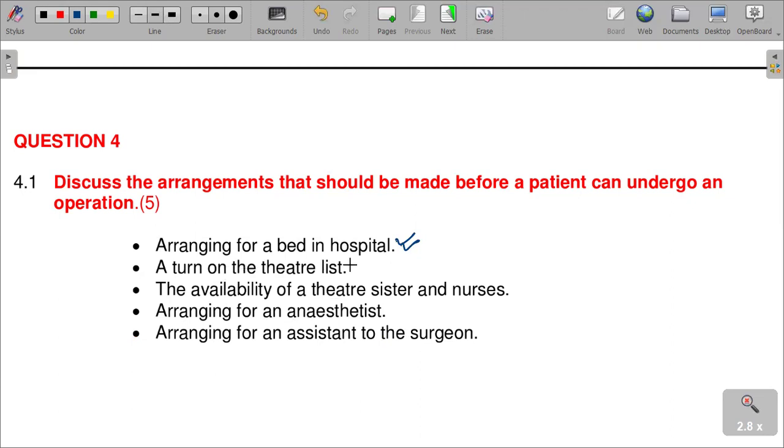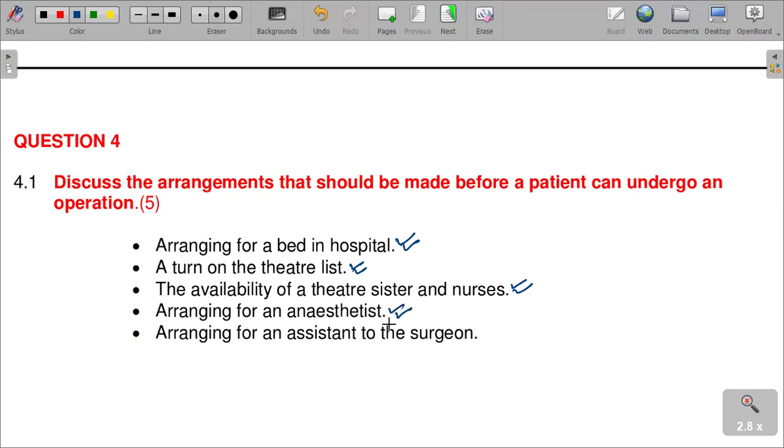Turn on the theater list, to ensure that the patient is appearing on the list of patients that are supposed to go into the theater, and then ensure the availability of a theater sister and nurses. The medical secretary must ensure that the theater sister and nurses are available, and also arrange for anesthetic.